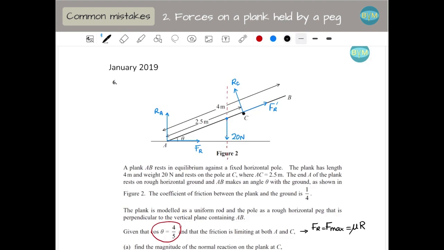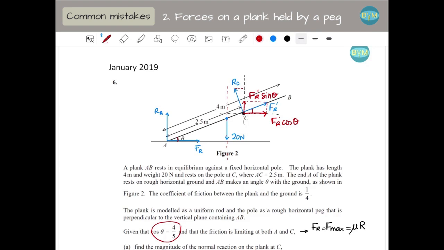So let's see what we have if we resolve forces vertically and horizontally. I have two forces that are not in the vertical and horizontal directions, the ones at C. For this friction, this angle is the same as this angle, so it's theta. So I have friction times cos of theta, which is given, and the vertical one is going to be friction sine of theta.